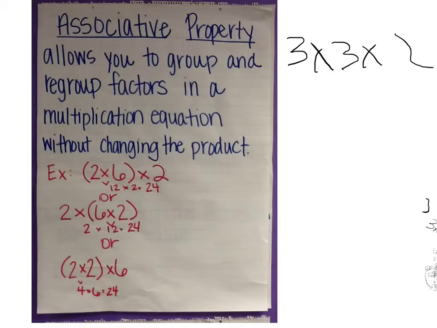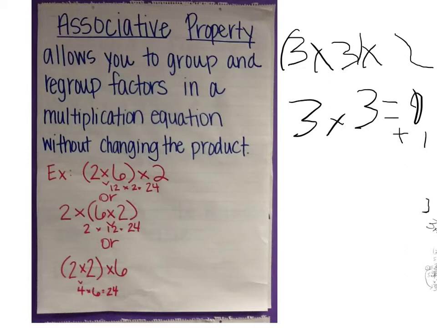Now we're going to do 3 times 3. And we know that 3 plus 3 is 6, and 6 plus 3 is 9. So now we're going to do that 2 times. So we're going to do 9 plus 9, which is equal to 18. So your answer would be 18.